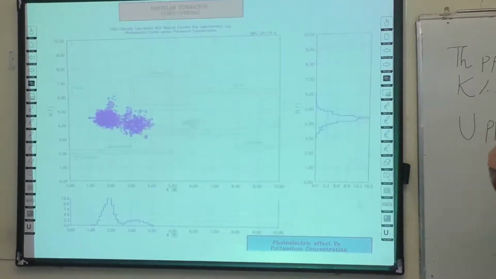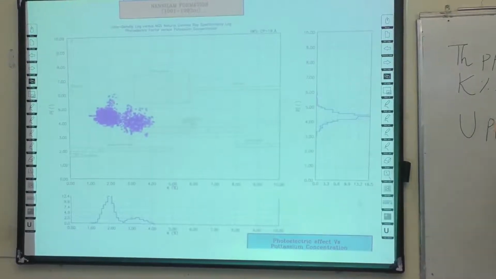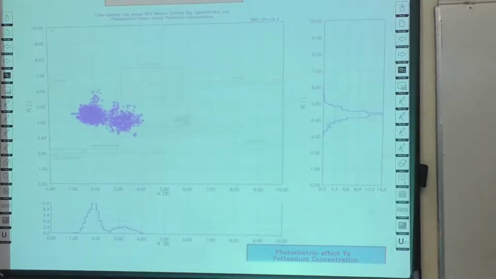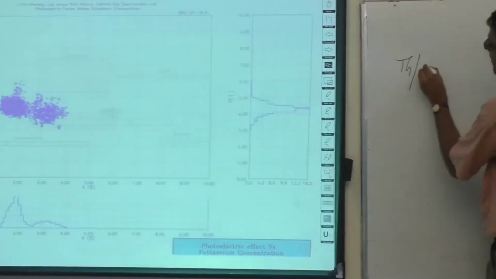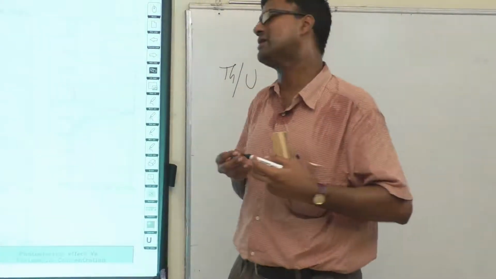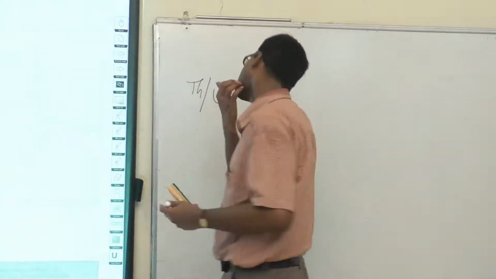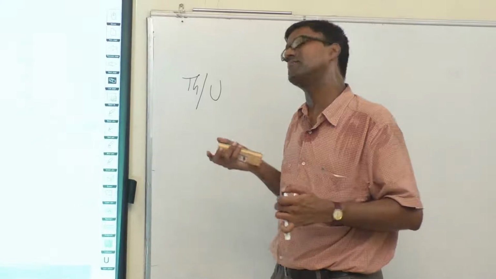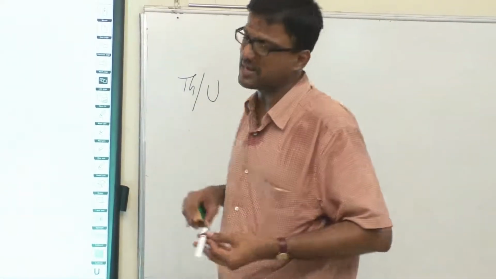So, if we take the ratio of thorium by uranium, we will get from where the sediments have come from, that is, whether from the land or the sediments have been brought by the marine conditions.